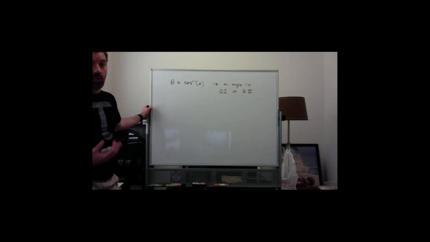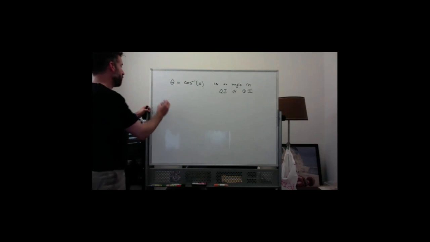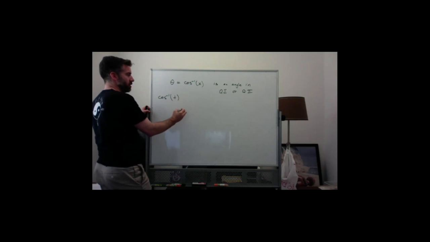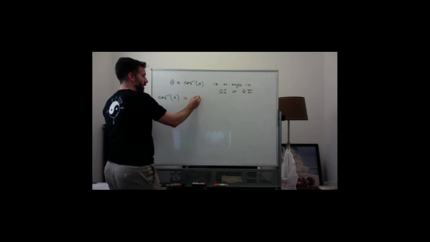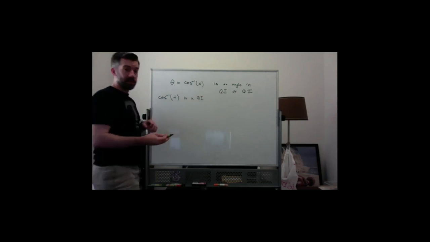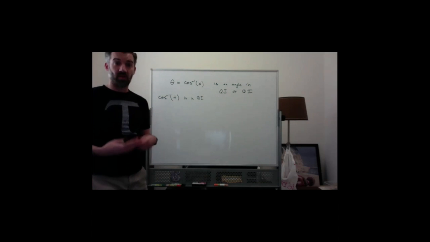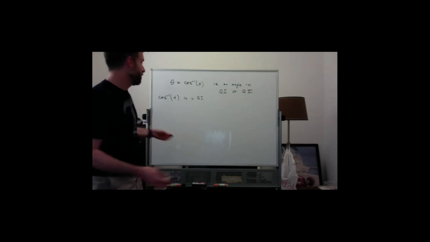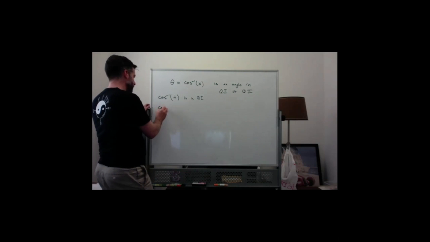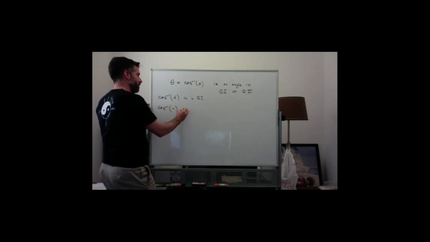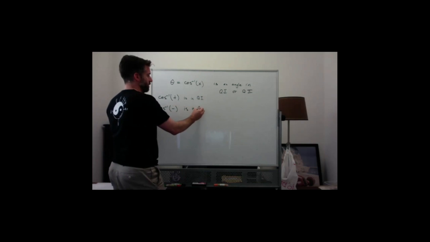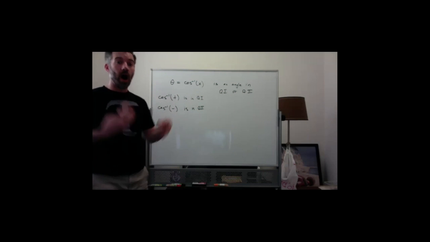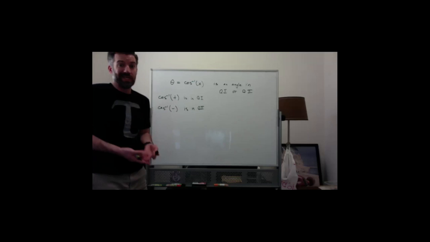And even more specifically, we know that inverse cosine of a positive number is in quadrant 1 because cosine of an angle in quadrant 1 is positive. Quadrant 1, everything is positive. And inverse cosine of a negative number has to be in quadrant 2, again for the same reason, because cosine of an angle in quadrant 2 is negative.